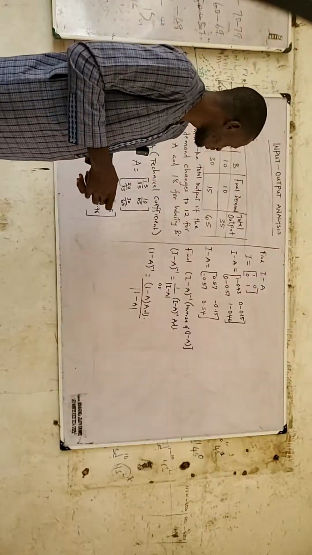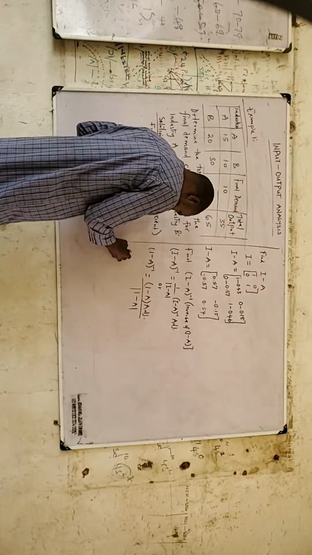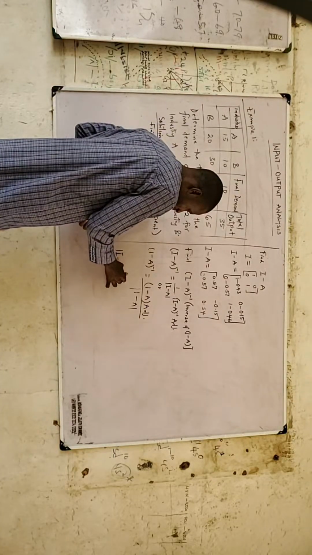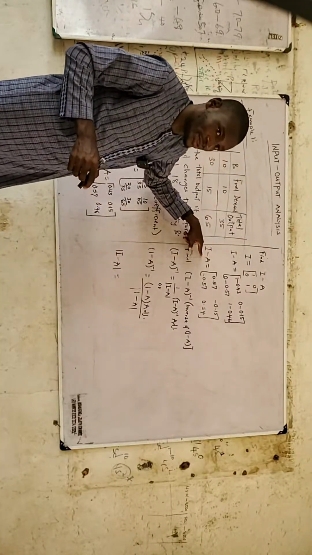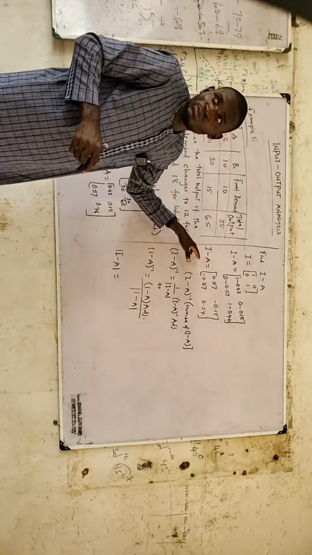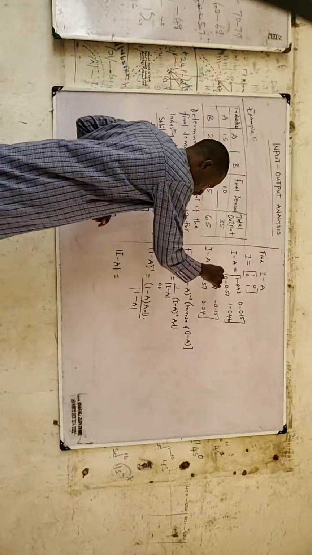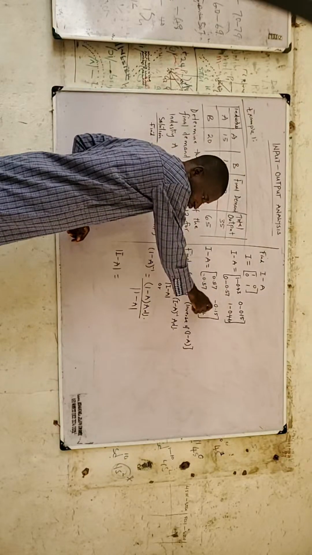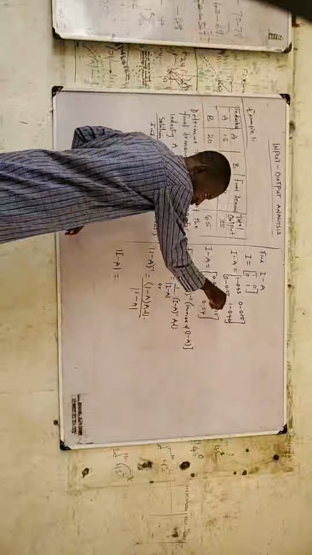Look this side. We first of all find the determinant of I minus A. This is the I minus A matrix, and this is a 2 by 2 matrix. So the determinant of a 2 by 2 matrix is you multiply the elements of the major diagonal, this times this, minus this times this.